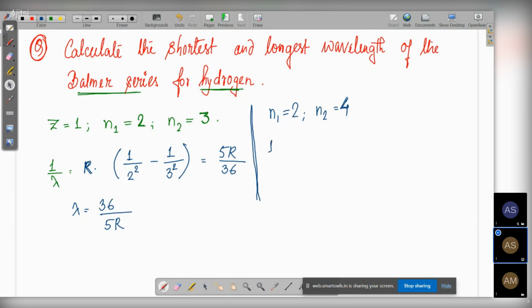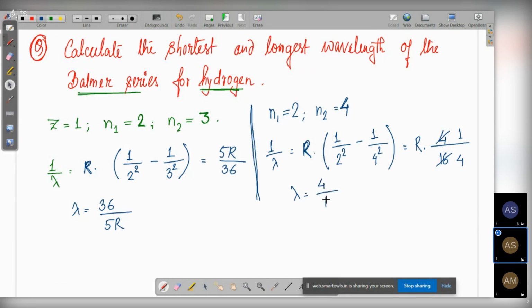So now 1 by lambda is equal to R, Z square is 1 for hydrogen, so no need to write that. 1 by 2 square minus 1 by 4 square. That is equal to R into (4 minus 1) by 16, that is 3 by 16. So lambda now is equal to 16 by 3R.